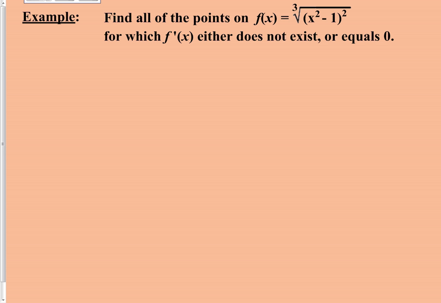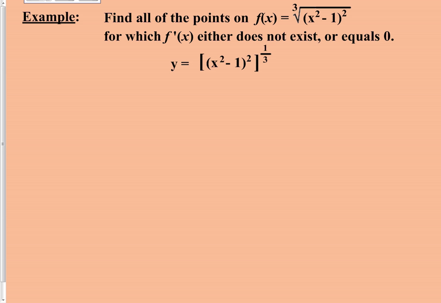Okay, find all the points on f of x, where f of x is defined as the cube root of x squared minus 1 quantity squared. We're going to find the points where the derivative either does not exist or is equal to 0. First things first, I typically always convert all of my radical notations into exponential notations.